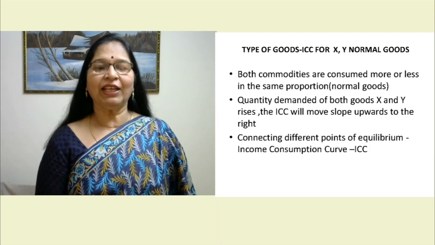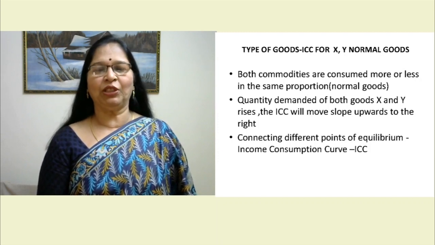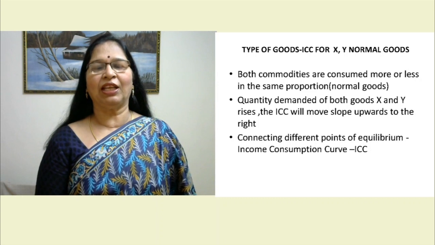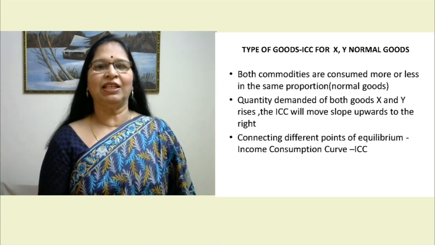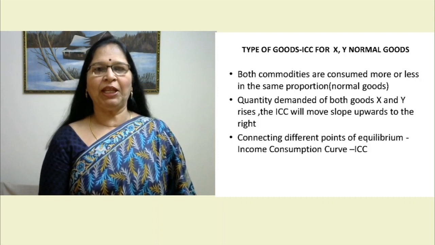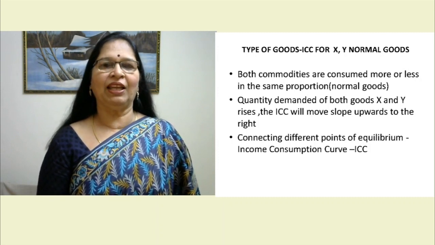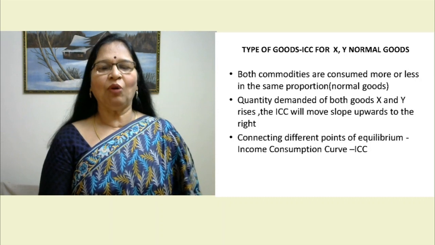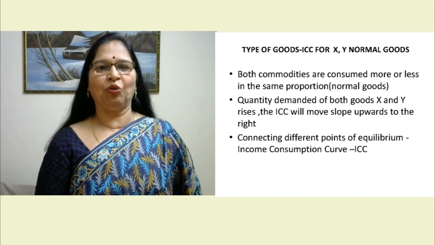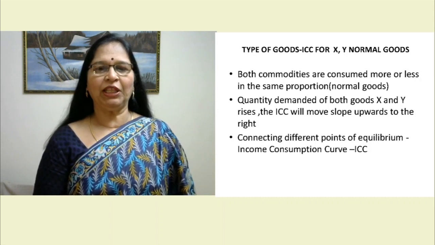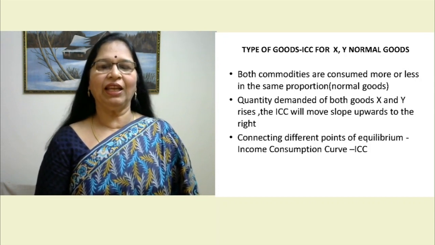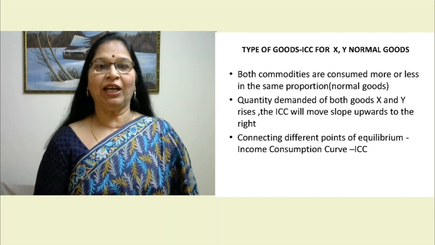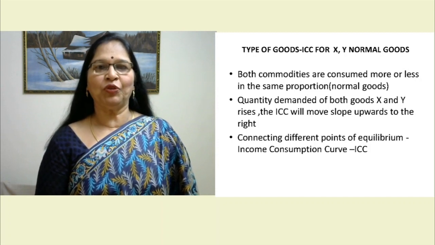Now, when we connect these points of equilibrium for the consumer, we reach what is called the income consumption curve. I'm sure that having done so many diagrams in indifference curve, you are now able to draw this curve on your own. What would that mean? There is an original price budget line. The income of the consumer has moved, therefore it moves to the right.